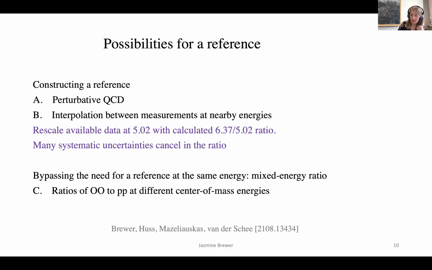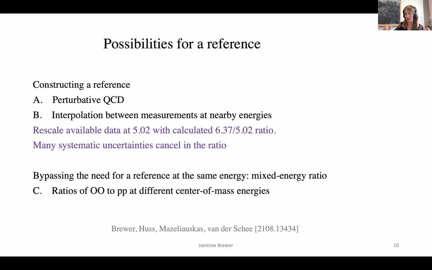Yeah, so maybe I'll say two things about this. The first thing is that we'll be using run 2 data just as an example because they don't have run 3 data. But there's substantial motivation to use measured data from the same run because that's how they cancel systematic uncertainties.